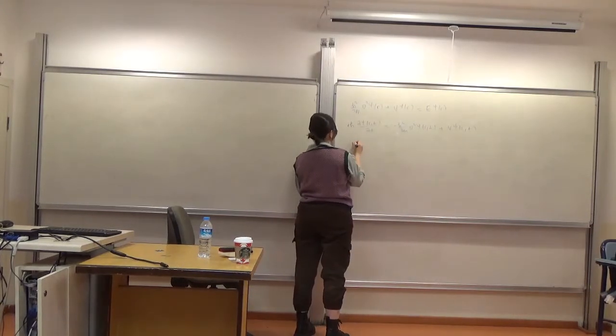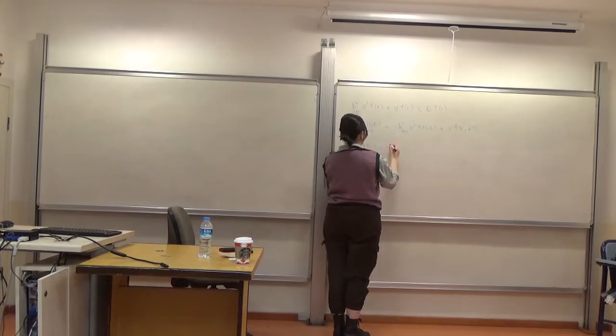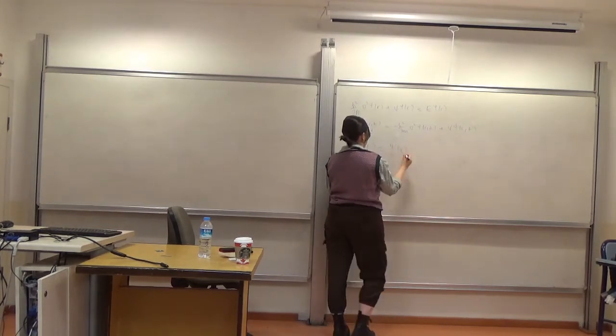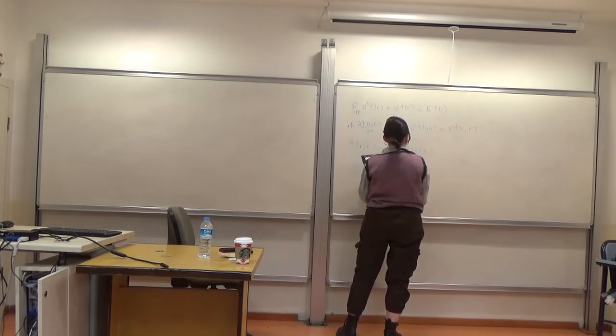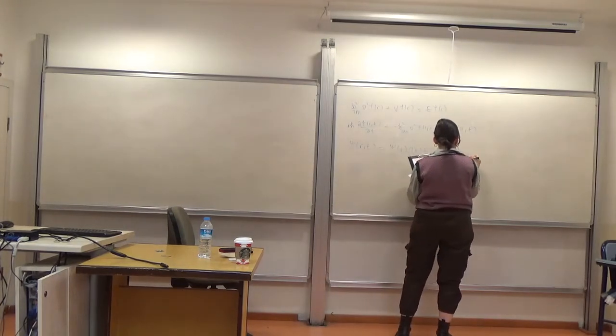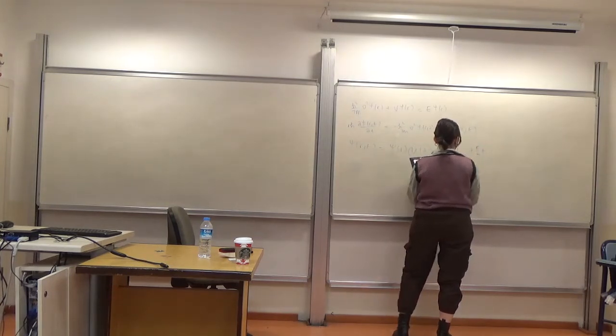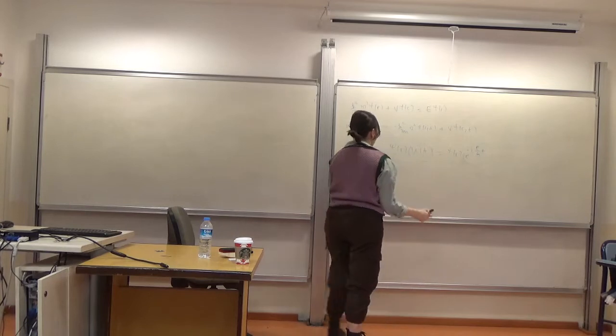The wave function can be written this way. We separate the variables like that. For this part, we write, like a given, this exponential form.